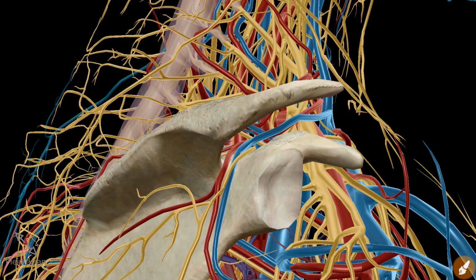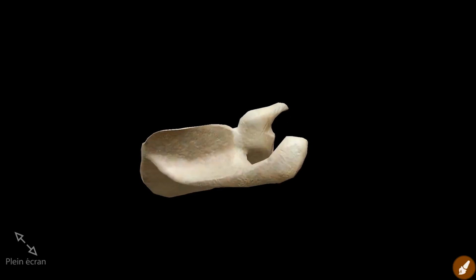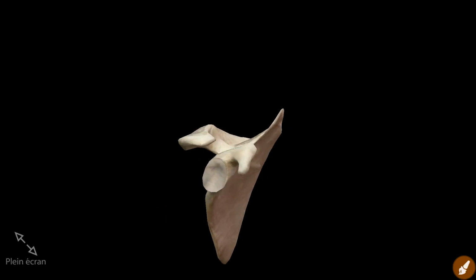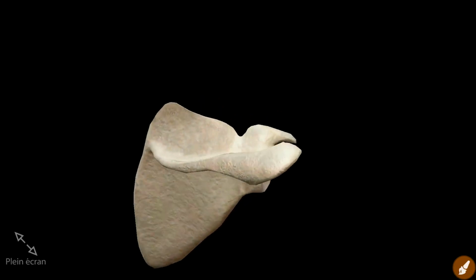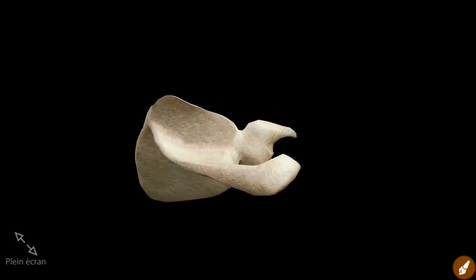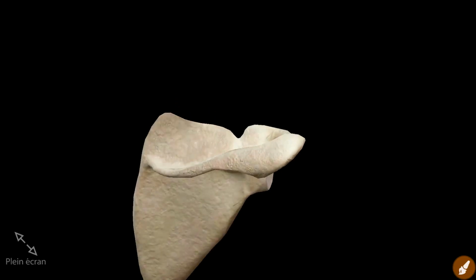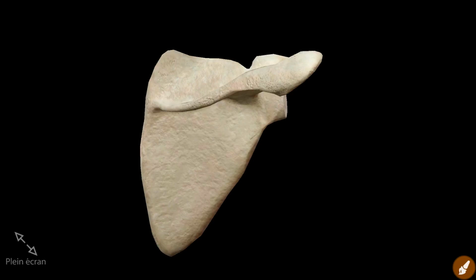These three elements get through this notch. The acromion, this region, is a lateral projection of the spine of the scapula, and it is directed forwardly. This is the supraspinous fossa.